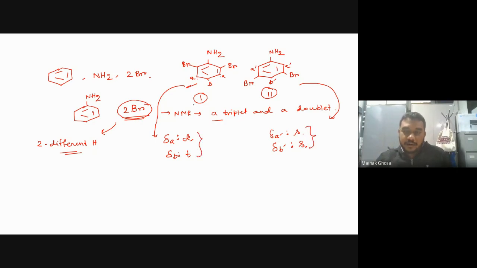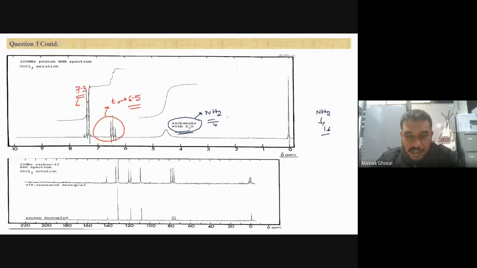But if they are ortho to each other, both ortho to NH2, you expect a doublet and a triplet. That is what you are seeing here. So this is the most possible structure. You got this? This is 2,6-dibromoaniline.